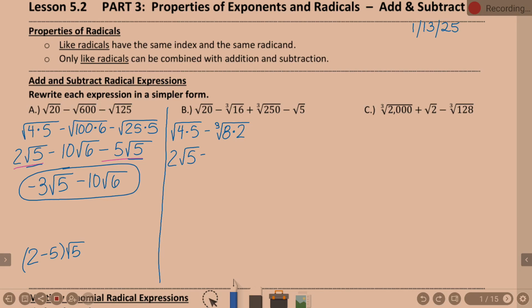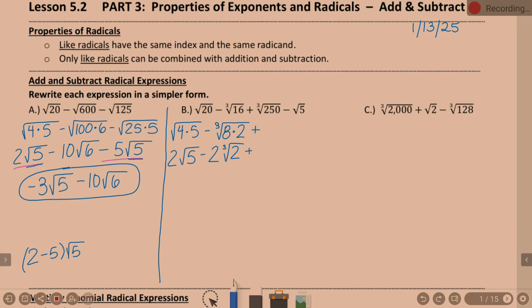What is the cube root of 8? It's 2, yes? It's the first thing on my blue paper, or can your calculator tell you that? Yeah. So cube root of 8 is going to become 2. Where do I put that 2? Outside. And then we're going to have the cube root of 2 under the radical still. Okay. Carrying down my plus sign.